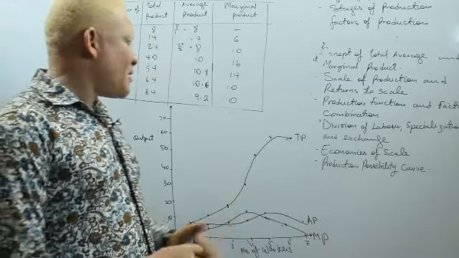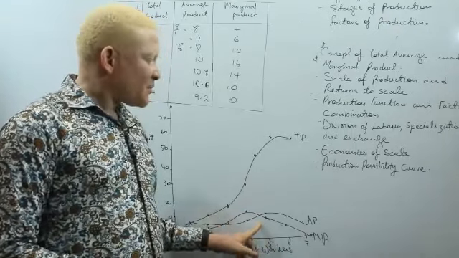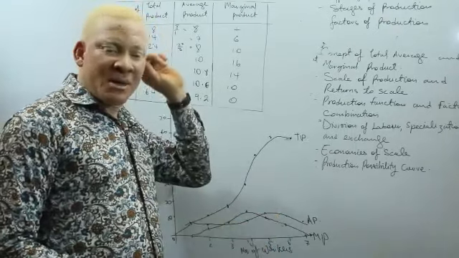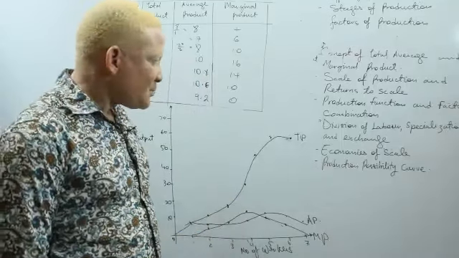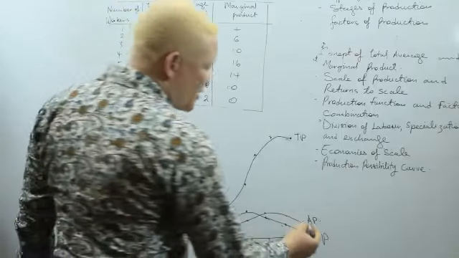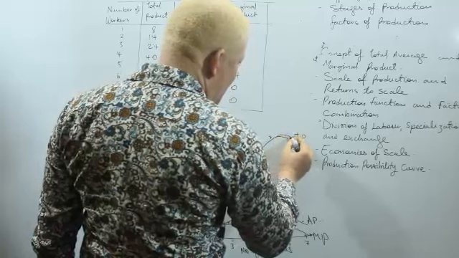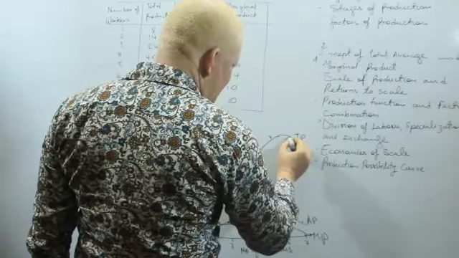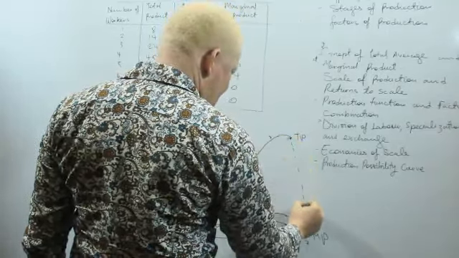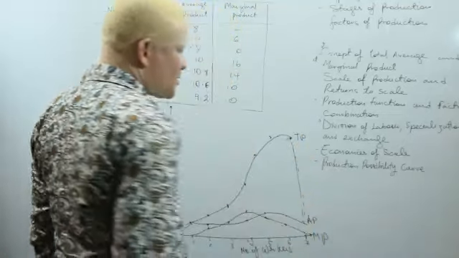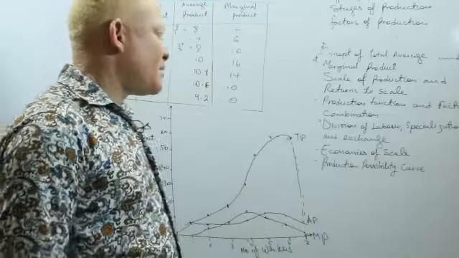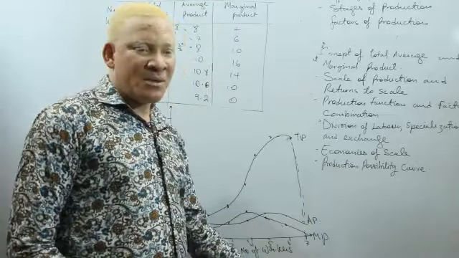But when marginal product is declining, the average product goes higher to a maximum point, and it's higher than that. But at this point where you have maximum TP, that is where the marginal product is at the minimum, that is 0.